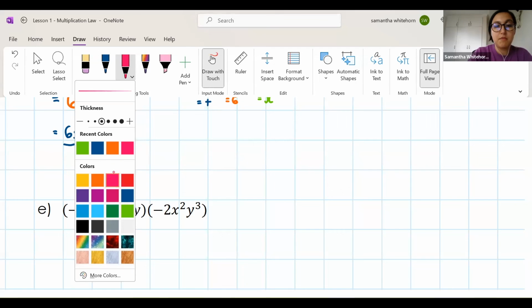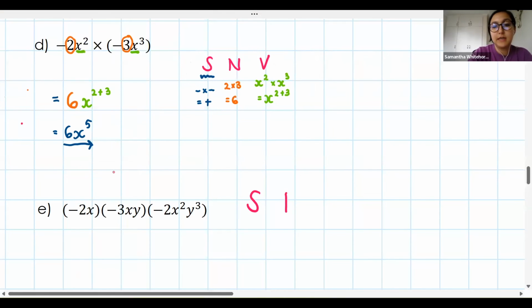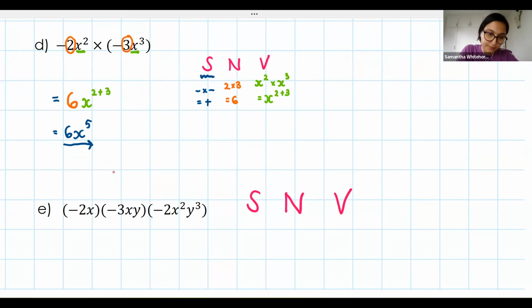Okay, so I'm just going to remind you, signs, numbers, variables. If you do it step by step, you should get the right answer. And remember, guys, if your answer is going to be negative, then we do need to write the negative sign. If it's positive, we don't need to.